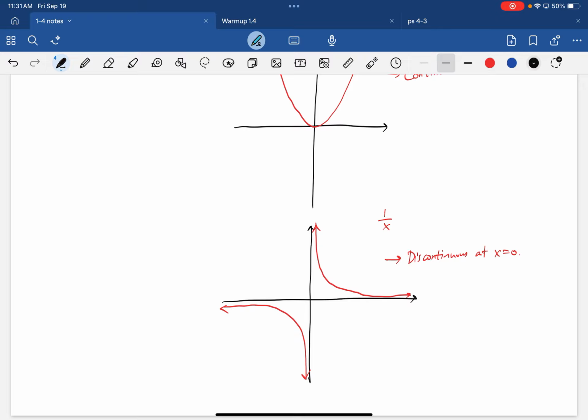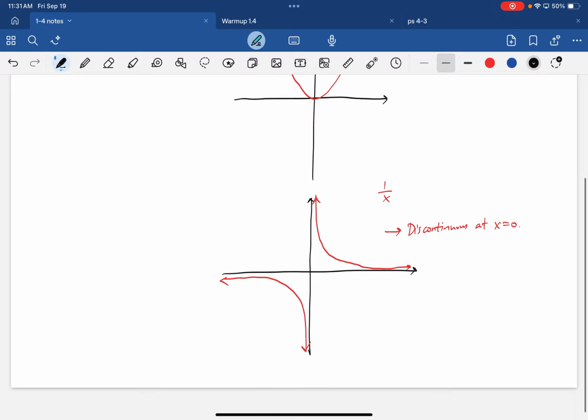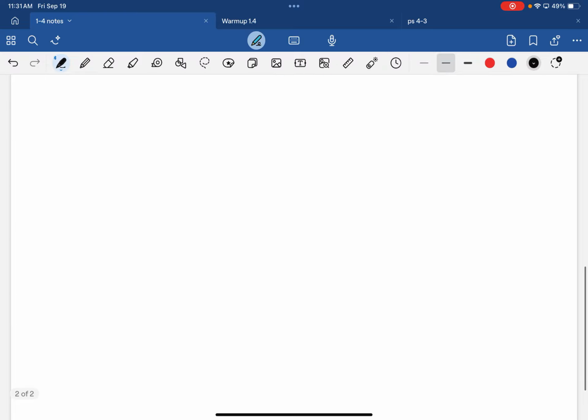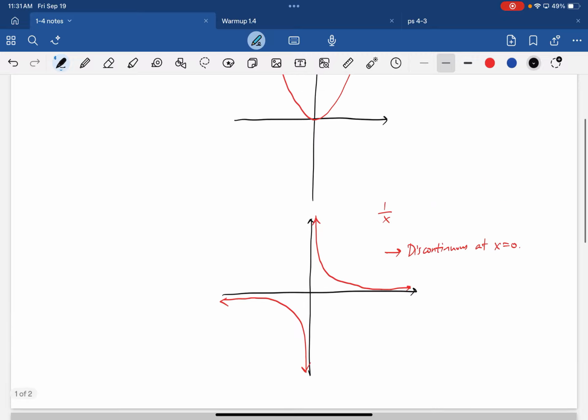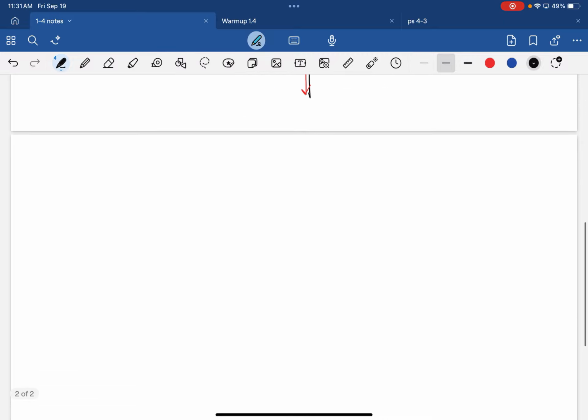Okay? And then the second kind of discontinuity is a hole discontinuity. So for example, we might have a function like (x squared minus 1) over (x minus 1).